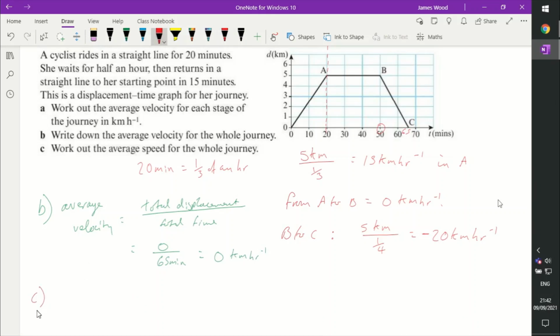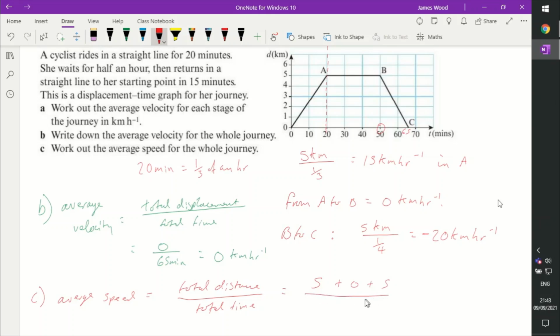Now part C, the average speed. There, rather than using total displacement, we can use total distance. Because remember, distance is the scalar form of displacement, just like speed is the scalar form of velocity. So the total distance that we've covered, we did 5 kilometers in the first bit, then we did 0, and then we did 5 on the way back.